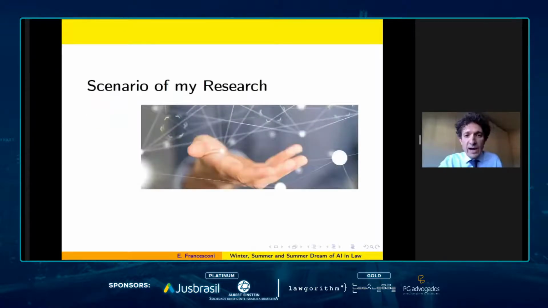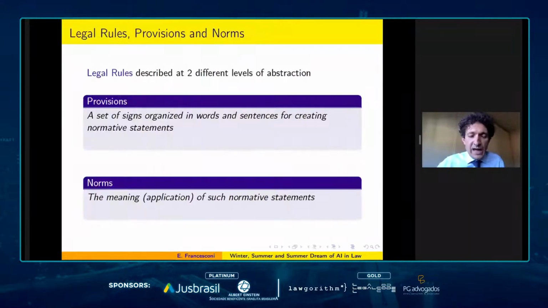And this is also the scenario of my research, which is addressed to the representation of legal rules as described according to two different levels of abstraction. In terms of provisions, as a set of signs organizing words and sentences for creating normative statements, and norms, in terms of the meaning or application of such normative statements.